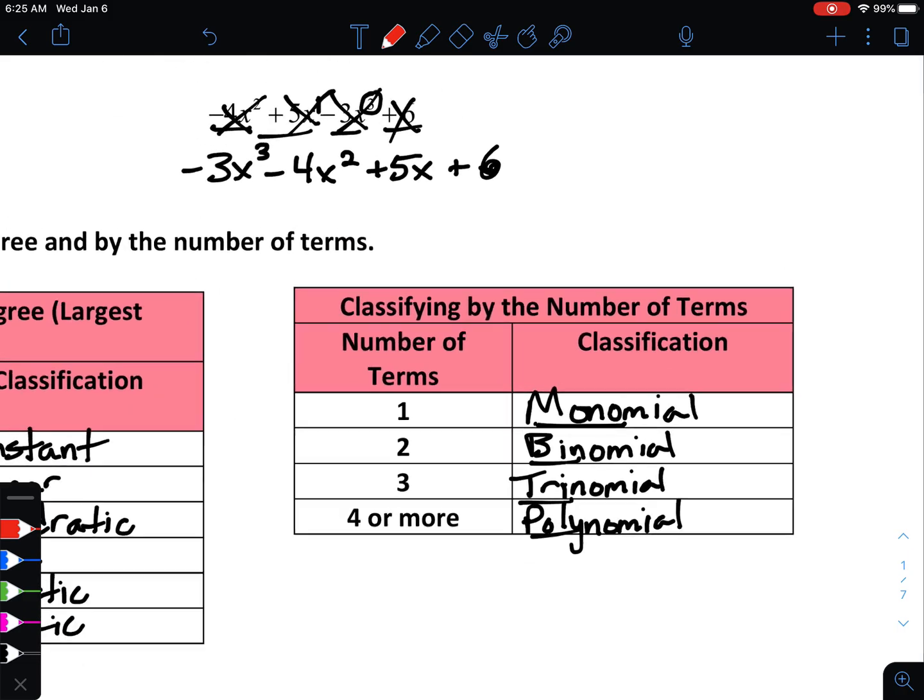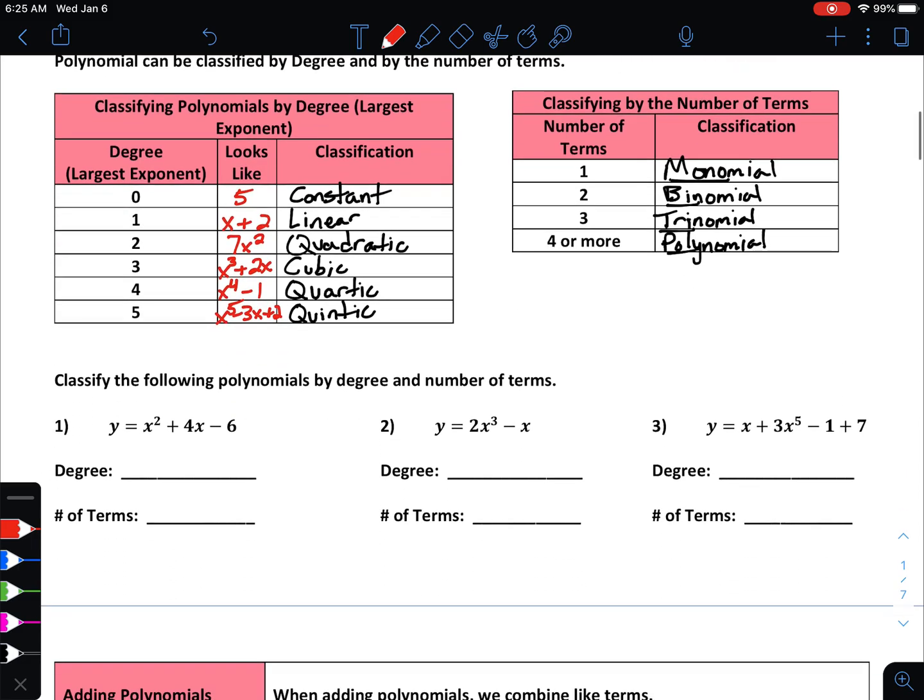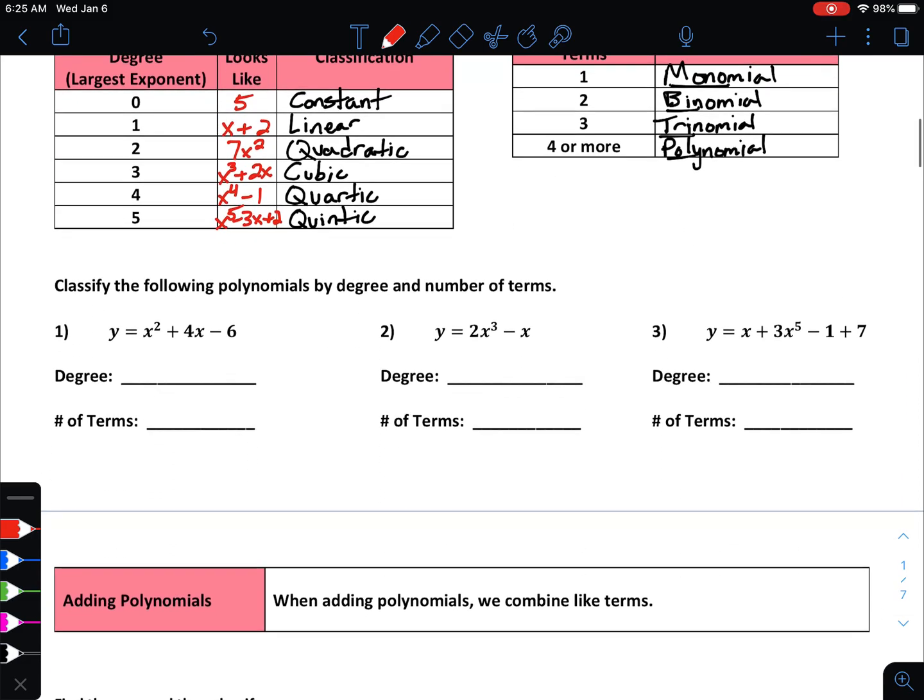Okay, so let's do some practice with naming polynomials. We're going to classify each of the following polynomials by their degree and number of terms. Let's start by writing out the degree for each of our polynomials. On number 1, y equals x squared plus 4x minus 6. The highest exponent here is x to the power of 2.